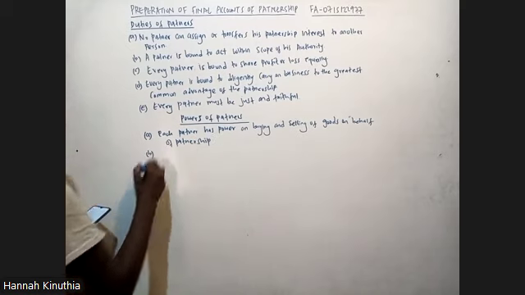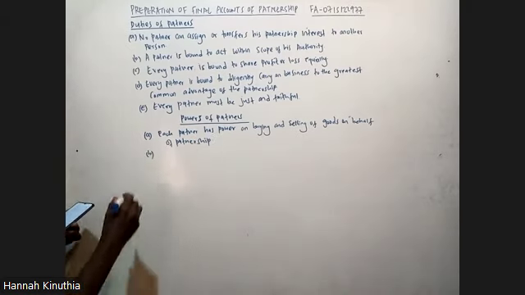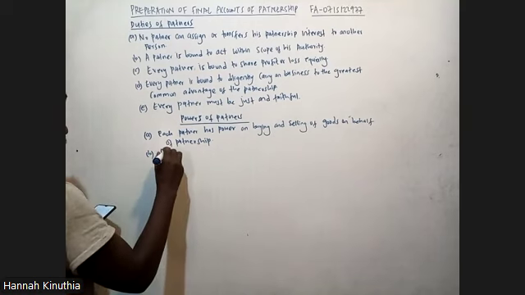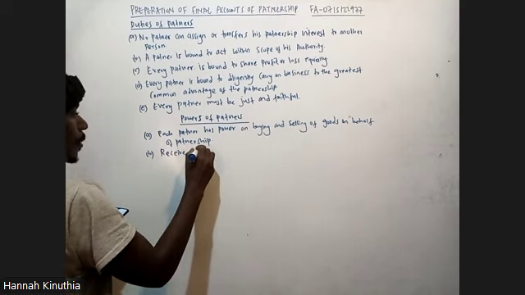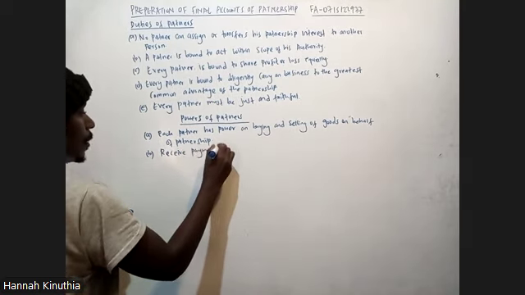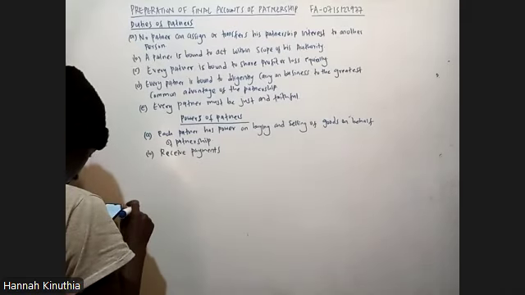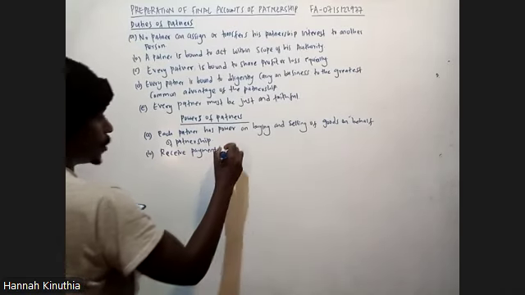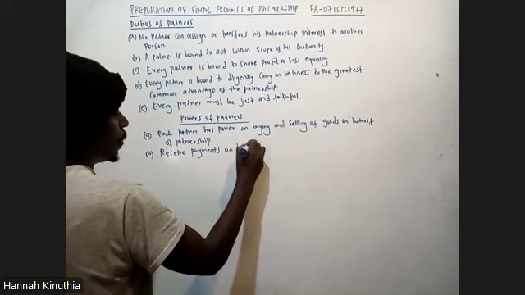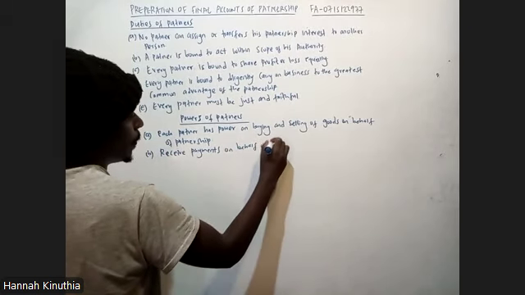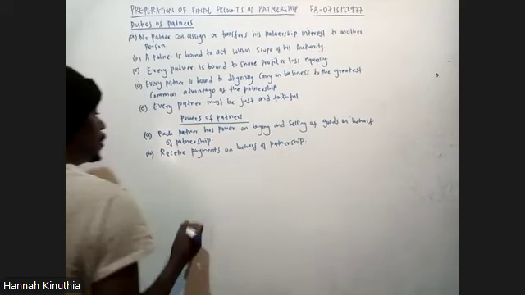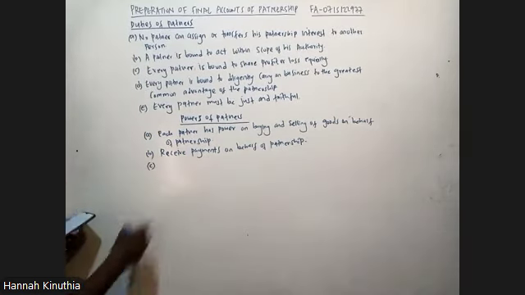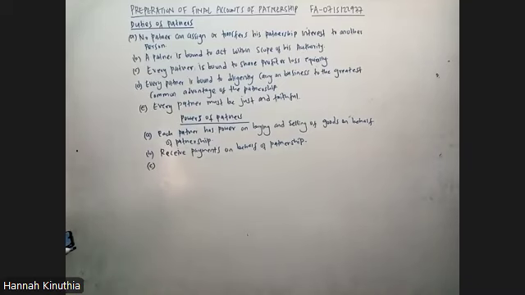Number B, receiving payments. Every partner has the power to receive payments on behalf of the partnership.